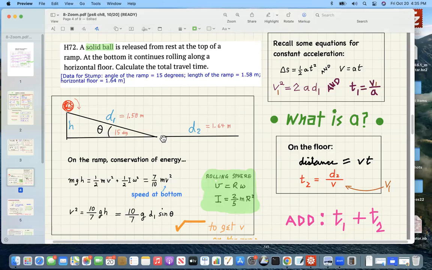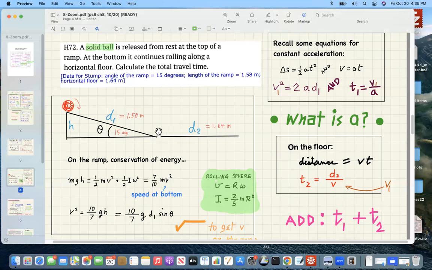Now we're going to need to know the velocity, so we can just solve this equation for v squared. It's 10 over 7 gh, and h is d1 sine theta. The velocity, we would take the square root. So you take the square root of this to get the velocity, or the speed at the bottom.